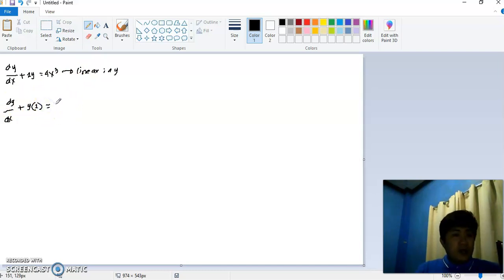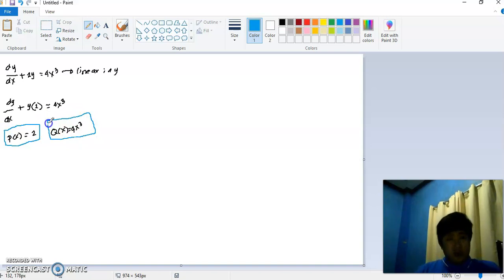So q of x is equivalent to 4x cubed, and therefore our p of x will be 2, just only 2. Your p of x can just be a constant. No worries, sir. It could be, even though it doesn't contain a variable x. Okay? So now let's continue.